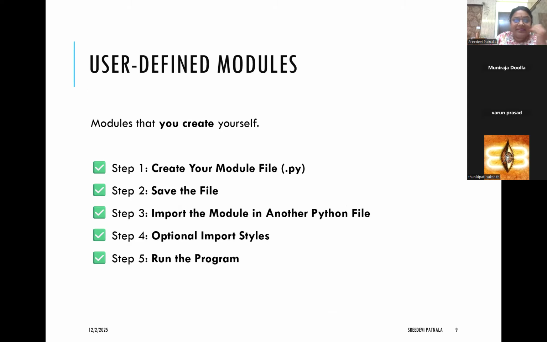Okay. Now, let's go to the steps to create the modules. First, as I told you, save the file with .py, then import that module in another Python file. For example, you have created a function with two parameters a comma b, and you wrote sum equals a plus b, and return sum.